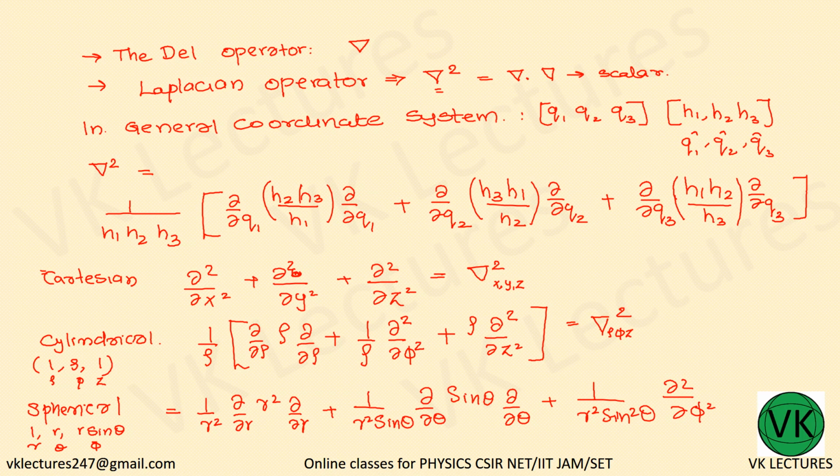You can directly apply this general coordinate system formula in spherical polar coordinates also. Please try this and check you are getting the correct answer. So this is del square in r theta phi, that is spherical polar coordinates.